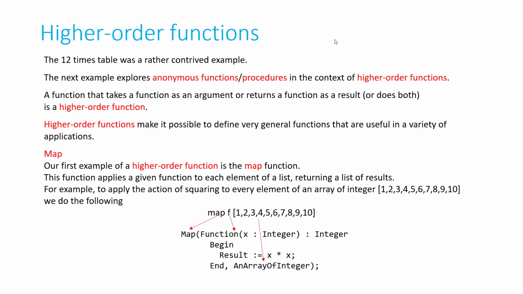For example, the map general function, which will be our first example of a higher order function, applies a given function to each element of a list, returning a list of results. For example, to apply the action of squaring to every element of an array of integer, let's say 1 to 10, we do the following.